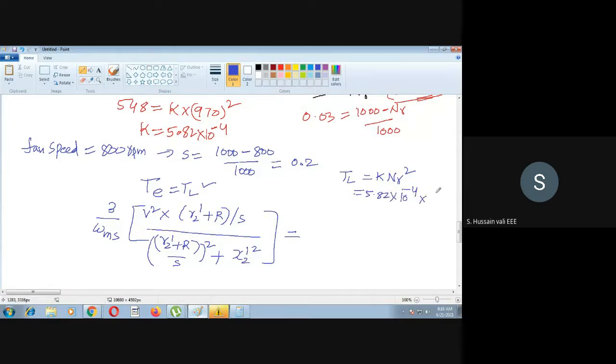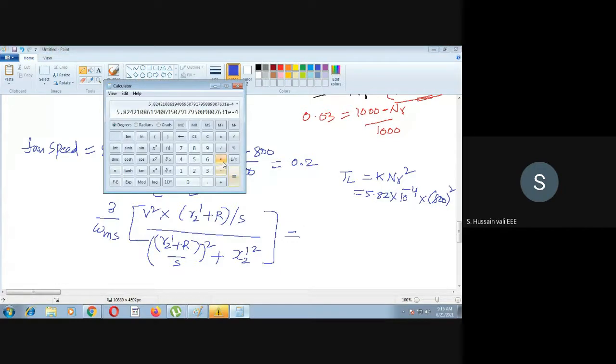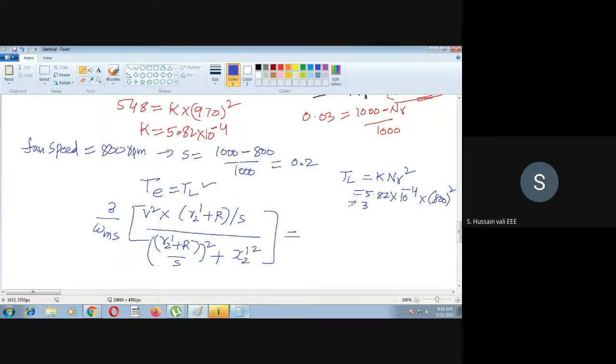What is NR this time? 800 rpm, so 800 square. Multiply with 2 times, then you will get approximately 372. So we will put 372 here.